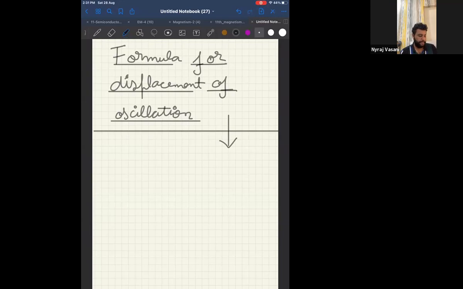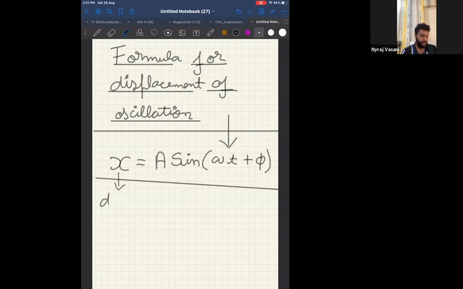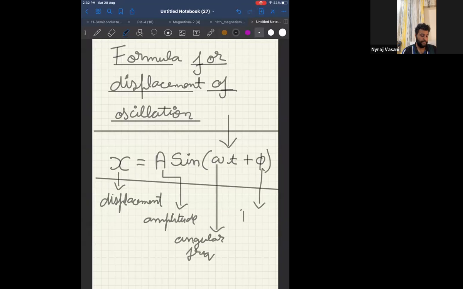Now look at the screen. Right, x is equal to a sine omega t plus phi.